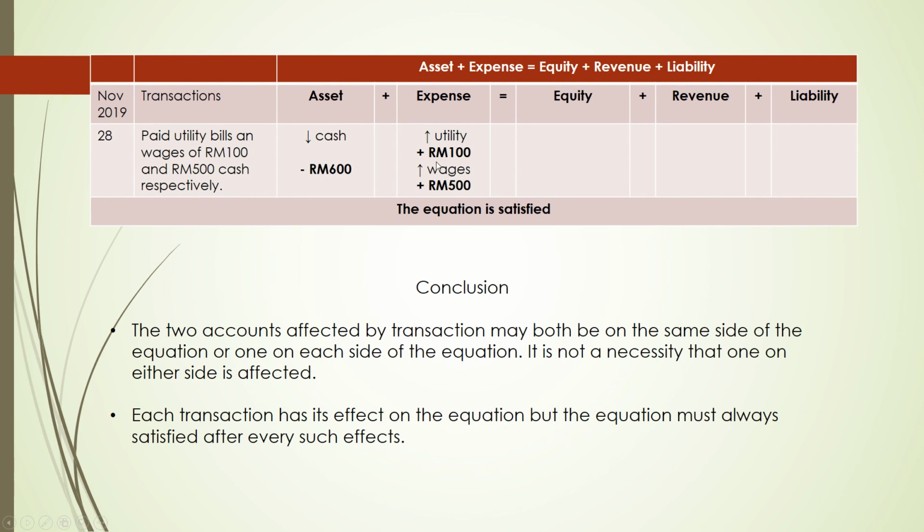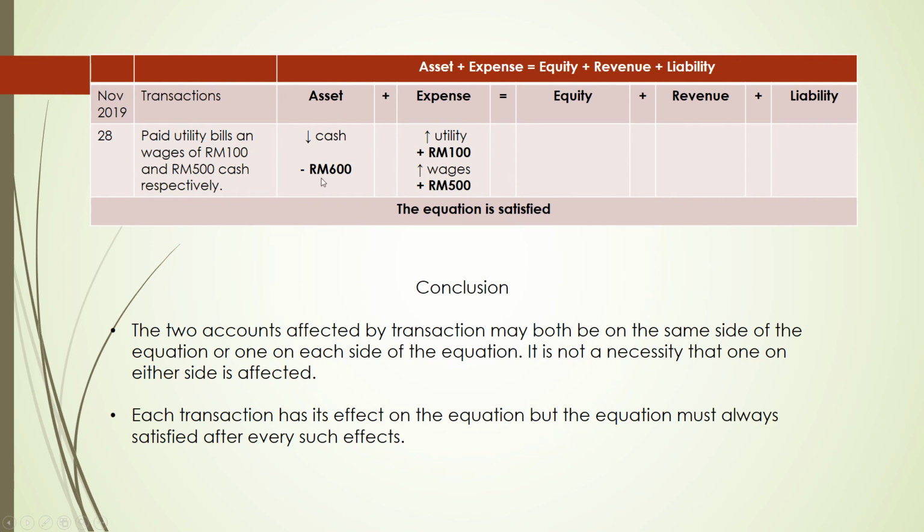Utility amounted to 100 ringgit, wages amounted to 500 ringgit. And the payment of the expenses are made by using cash. Therefore, asset will decrease. So, cash will decrease by 600 ringgit. So 600 ringgit, you add 100 ringgit paid for utility, and another 500 ringgit paid for wages.